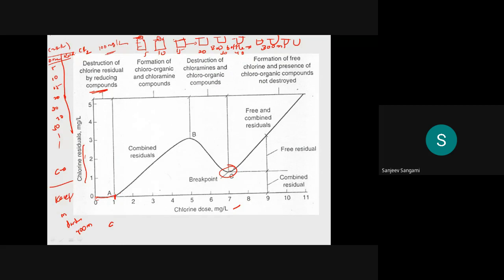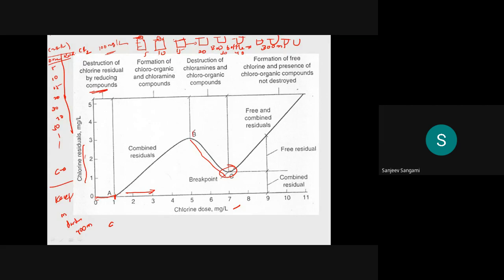Then when you go on increasing the dose, listen here, the residual chlorine also goes on increasing. At some point, even if you increase the dose, the chlorine residual is decreasing, it means that the reaction has started from here.